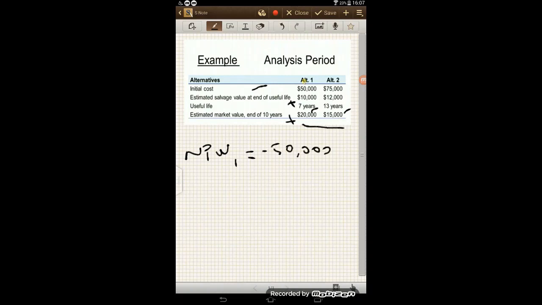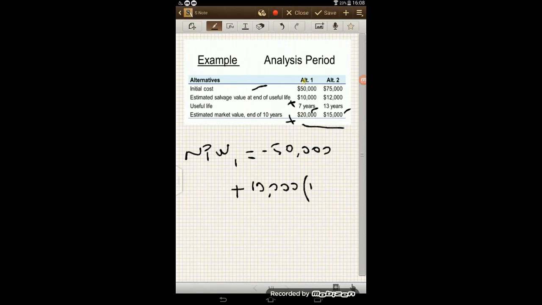Then after 7 years, we are going to sell it for 10,000.